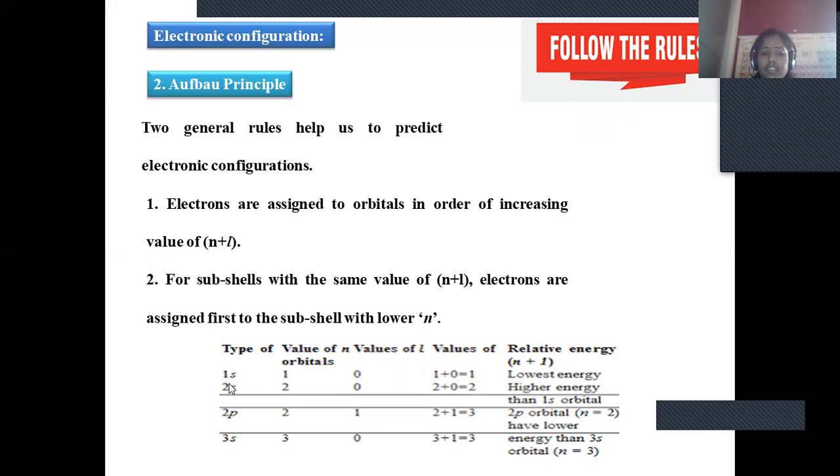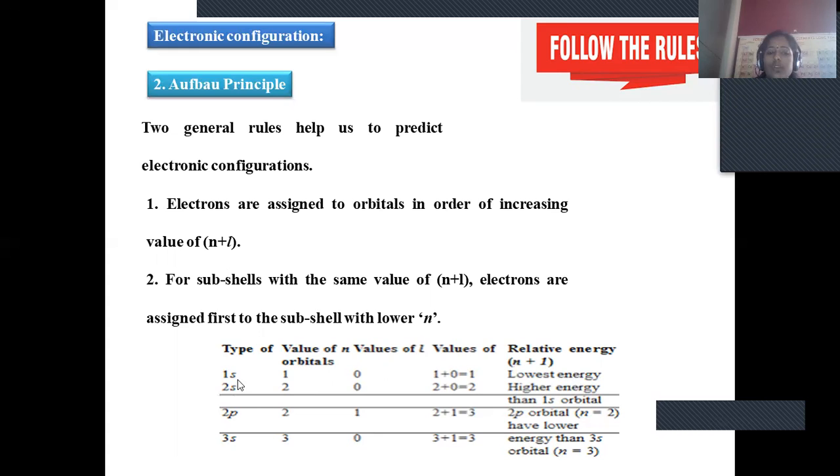I am taking an example: what is the n plus l value for 1s? For 1s, the n value is 1 only, the l value is 0 only, right? Because l is nothing but the subshell. What is that? s orbital. For an s orbital, l is always equal to 0. So 1 plus 0 will be 1 only. So the n plus l value is 1. That means it is the very lowest energy state. When you move on to 2s, let us apply the n plus l value. n is equal to 2, l is equal to 0, meaning 2.